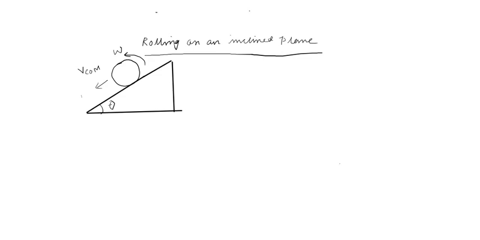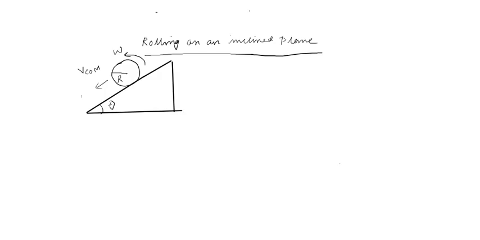Let the radius of this circular body be r. To analyze its motion, we need to first find out what forces and torques are working on it.